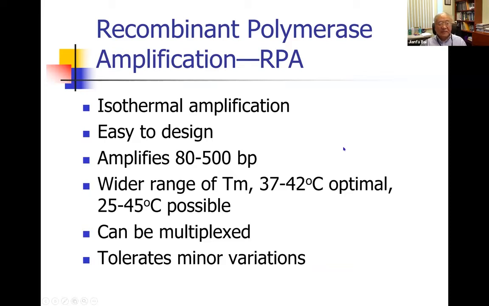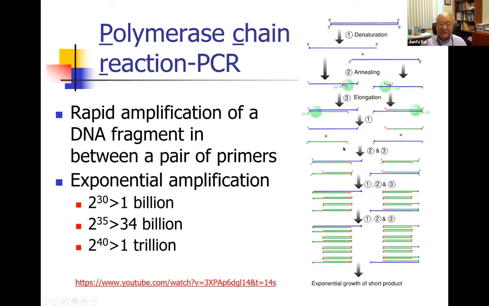That's a few point-of-care methods. I want to spend a few slides to explain PCR, because PCR is the most used one, the polymerase chain reaction. Why is it really popular and everybody is using it? It's because amplification is exponential. It's not linear amplification.